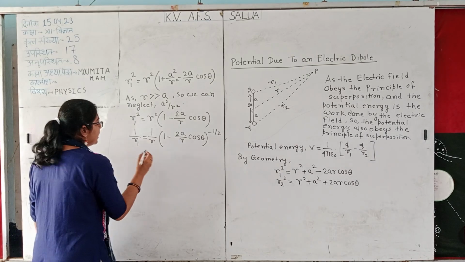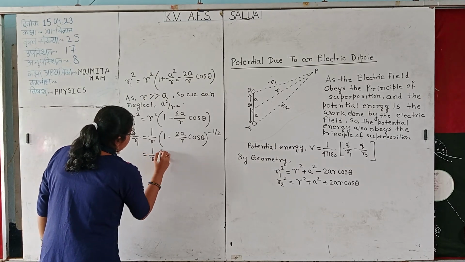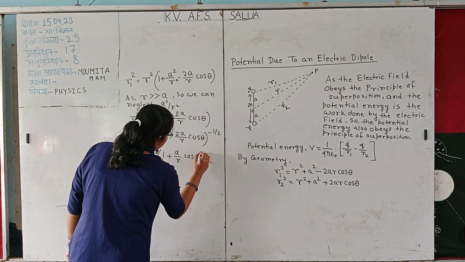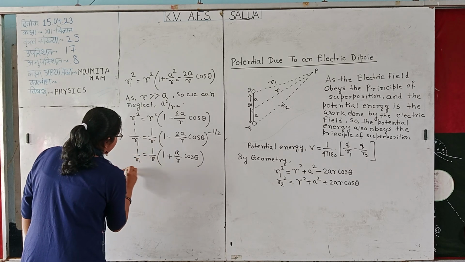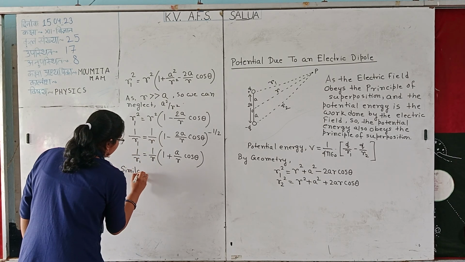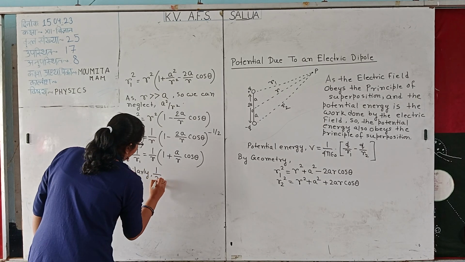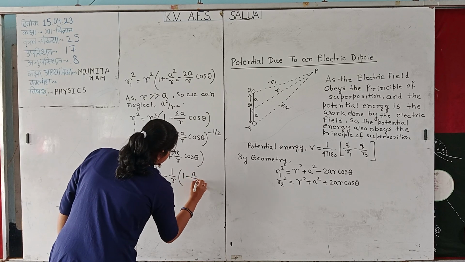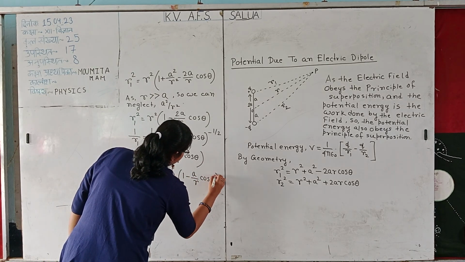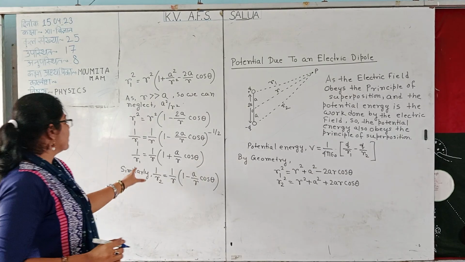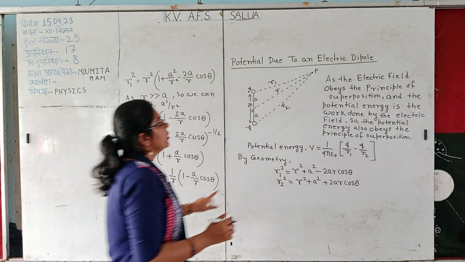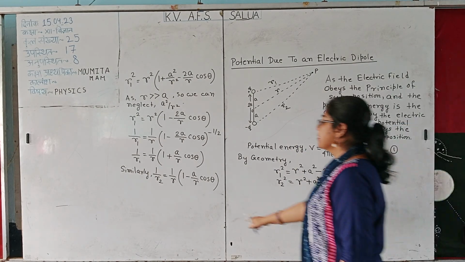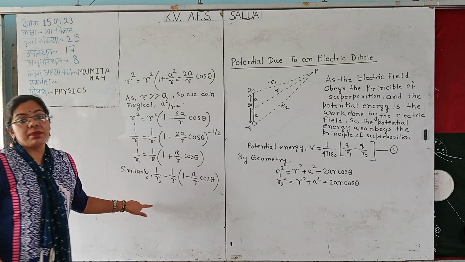So after using it, 1 by r1 equals 1 by r into 1 plus a by r cos theta, and similarly 1 by r2 equals 1 by r into 1 minus a by r cos theta. Now simply put these two values, 1 by r1 and 1 by r2, in the expression.